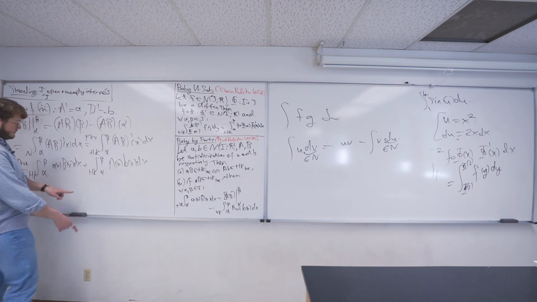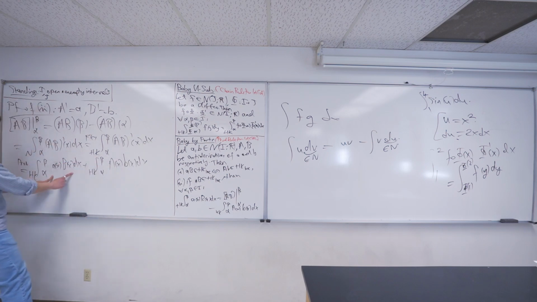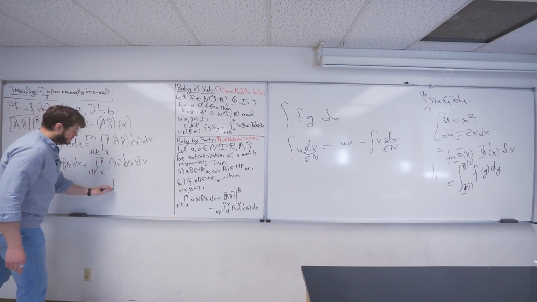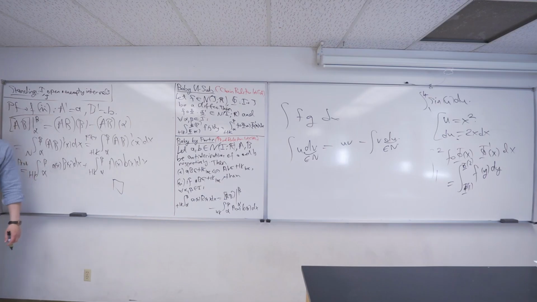And taking this to the other side gives me that this is equal to this minus this, which is what I wanted. Okay. Pretty nice. Comments or questions about this?